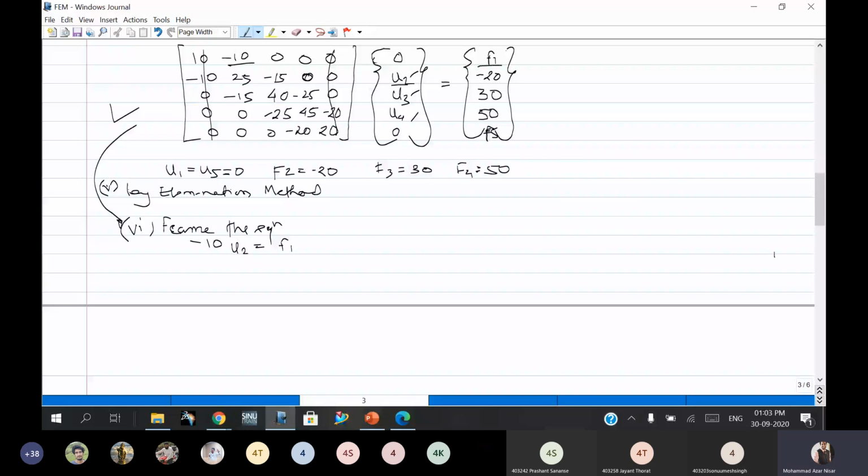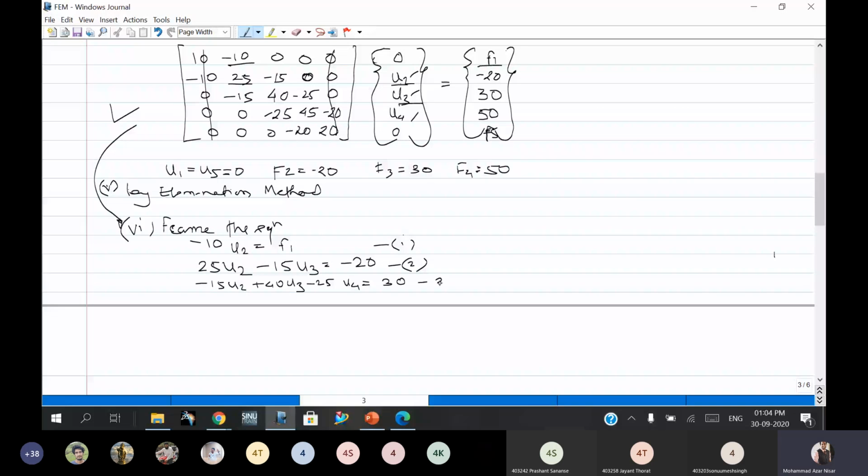Okay, next equation will be 25 into this U2, 25 U2 minus 15 U3 equal to minus 20. This is equation number 1. This is 2. Third will be minus 15 U2 plus 40 U3 minus 25 U4 equal to 30.